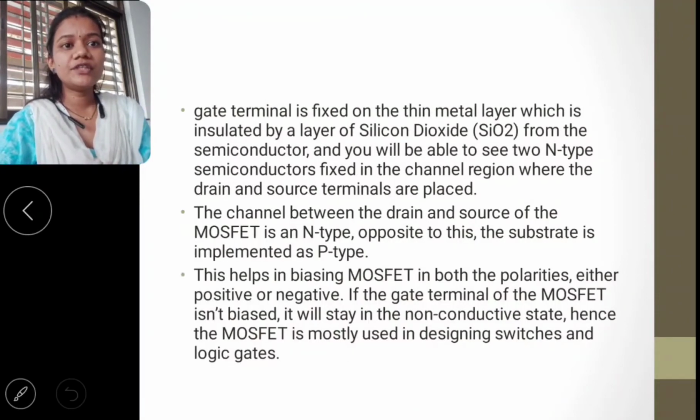The N channel between the drain and source of the MOSFET is N type. Opposite of this, the substrate is implemented as P type. This helps in biasing the MOSFET in both polarities, either positive or negative.